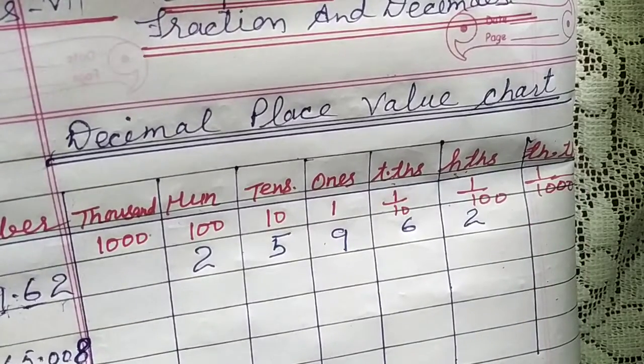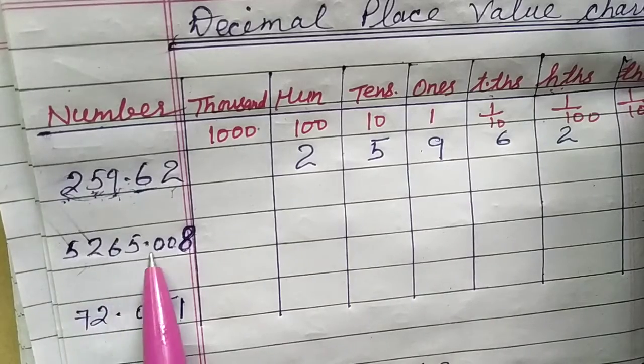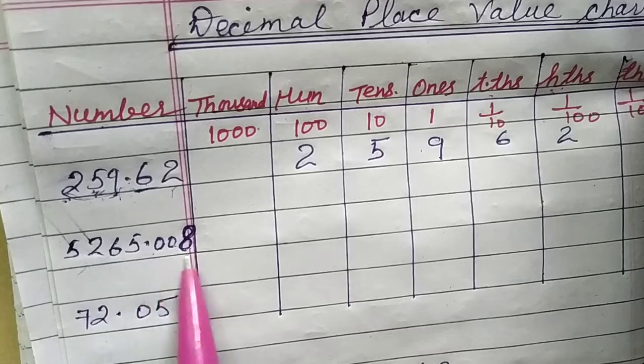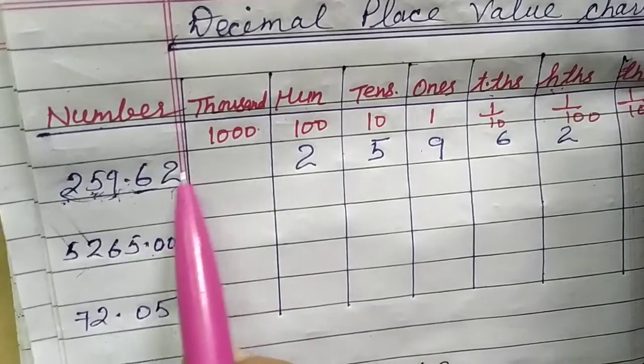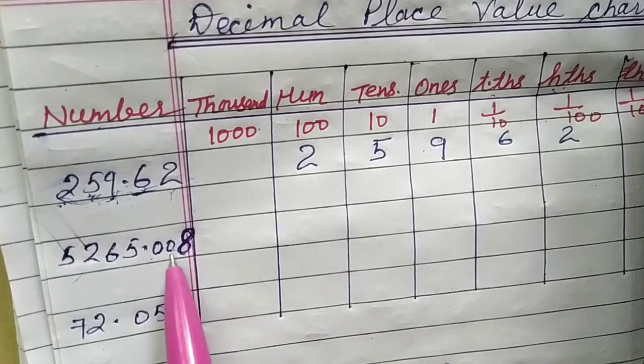Now the next number is 5265.008. We will not read it as 8, or as 62. We will read it out as 008.